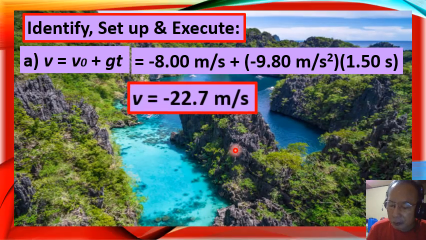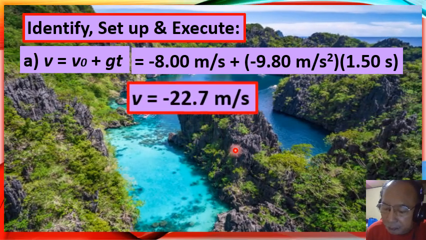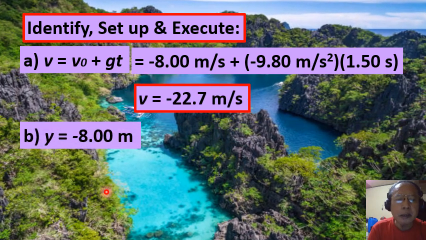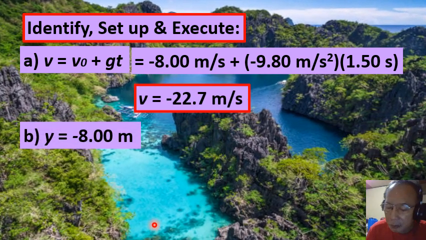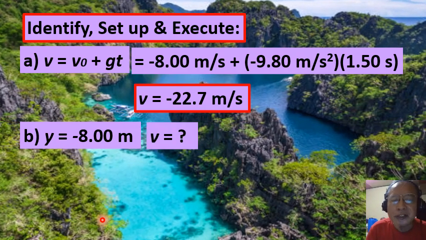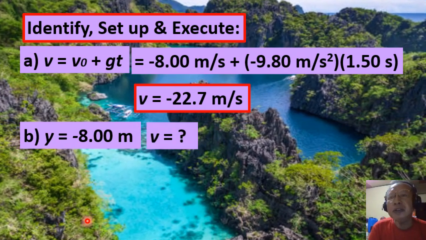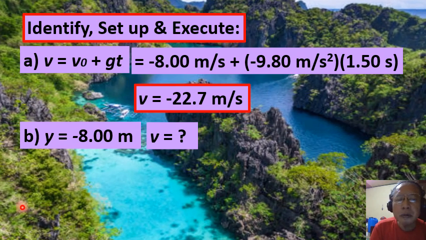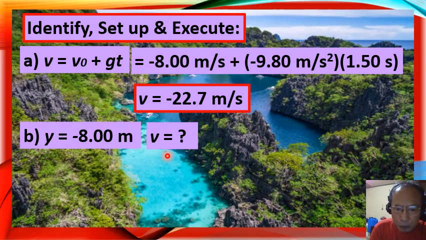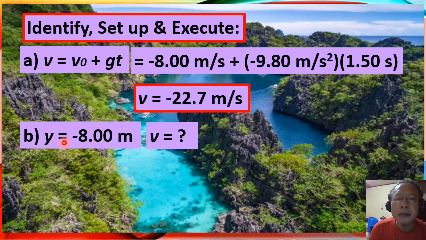And of course, last but not the least, for question letter B, we are asked to find the instantaneous velocity of the stone when it is 8.00 meters below your hand. All right.